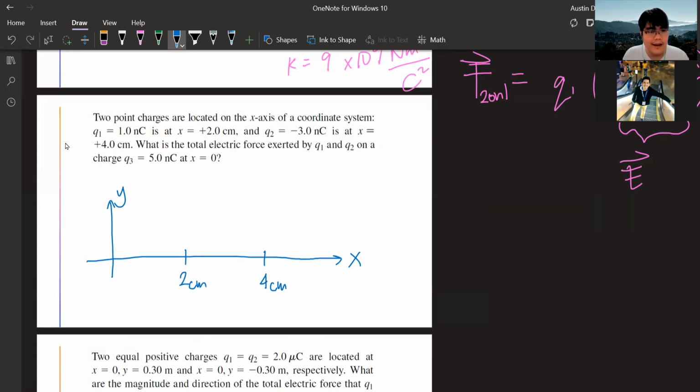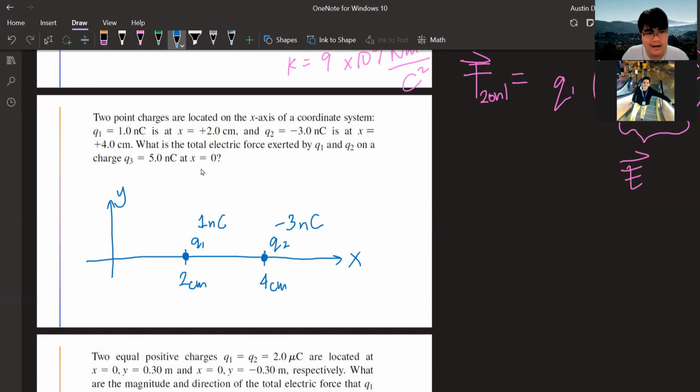So Q1 would be at 2. This is Q1 and this is Q2. Q1 is 1 nanocoulomb, and the other one is negative 3 nanocoulomb.